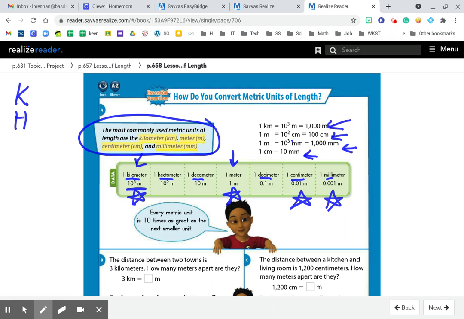And we have a mnemonic to help you try to remember the different units.